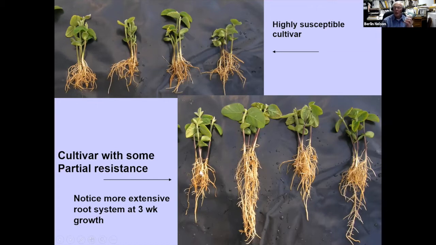But you can actually get a pretty good plant develop from that, especially if they're in good growing conditions, they don't have a lot of other stress, and actually get some yield out of that. And so that's what we talk about when we're talking about tolerance or partial resistance. And there's a lot of confusion in those two words, but it is a useful management technique if it's used properly.